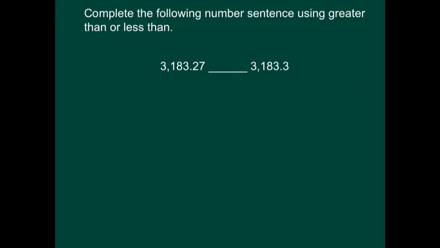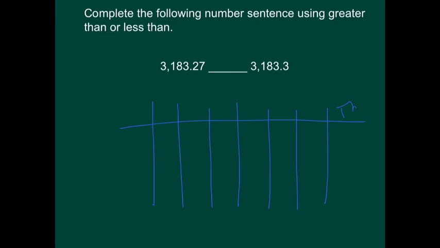For the next question, we want to complete the following number sentence using greater than or less than. So we're going to first set up our place value chart. Thousands, hundreds, tenths, ones, tens, hundreds, thousands, 10,000s.